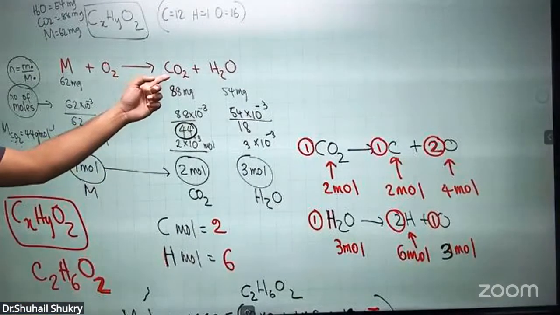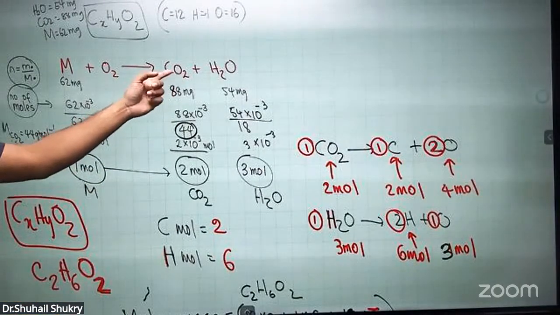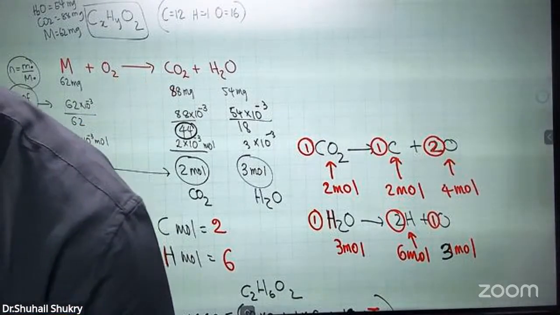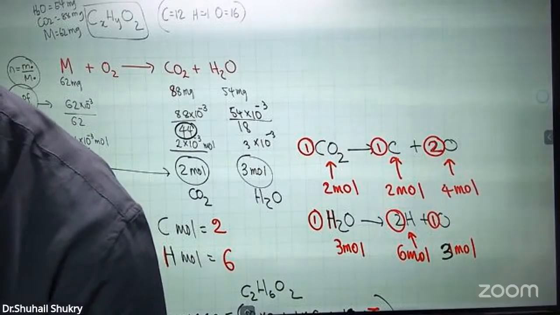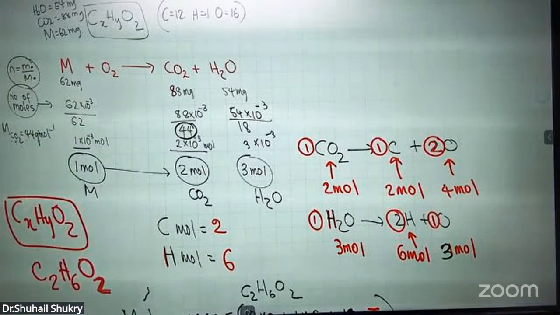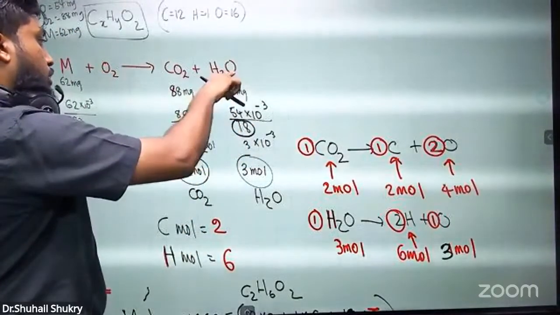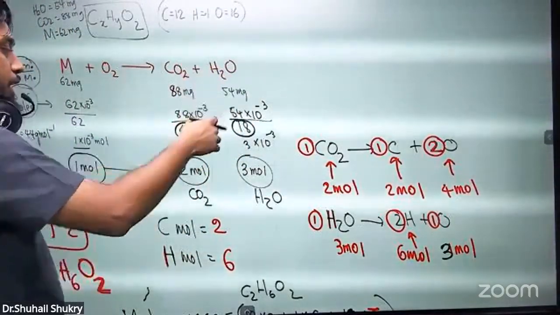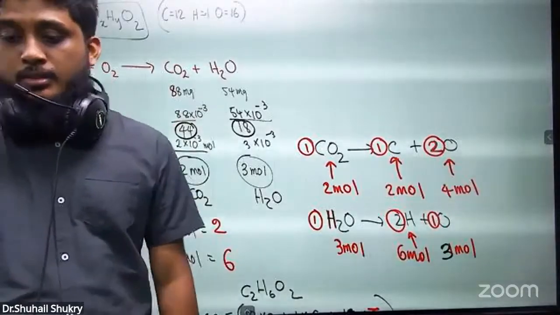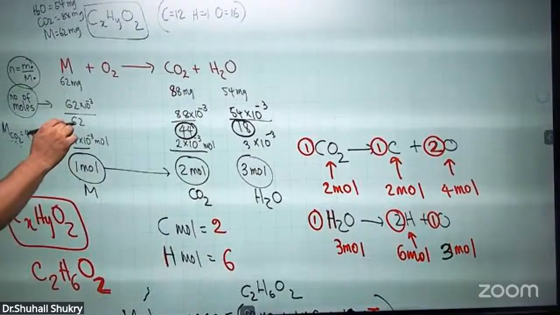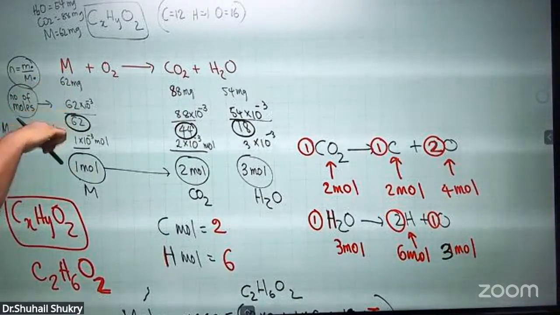Carbon is 12, and 2 oxygens are 32. 12 and 32 is 44. That's how I got 44 here. And the 18 part: this 18 is the molar mass of water. One oxygen is 16, and two hydrogens are 2, so 18. I found the moles by dividing by their molar mass. This 62 is the molar mass of the compound M.